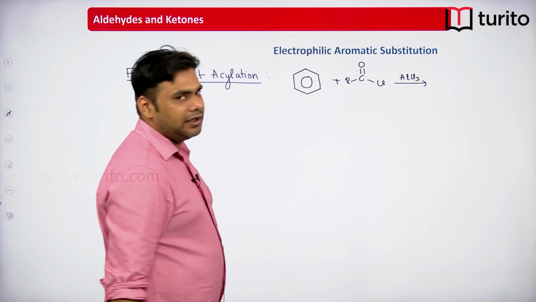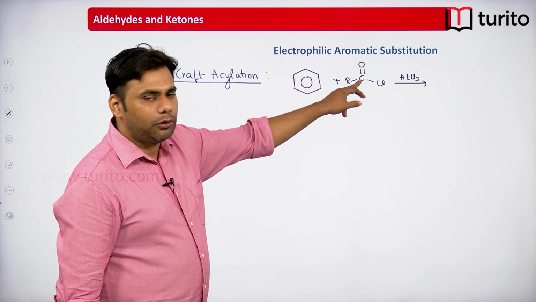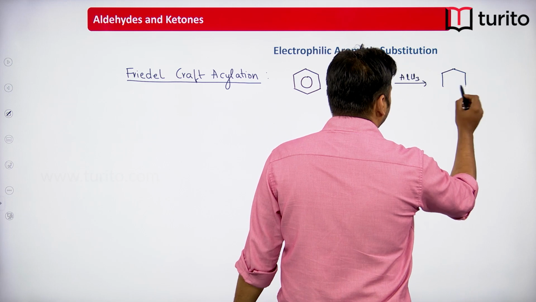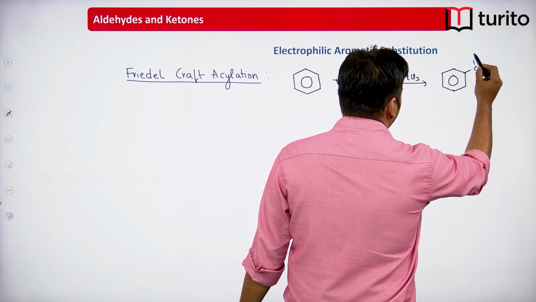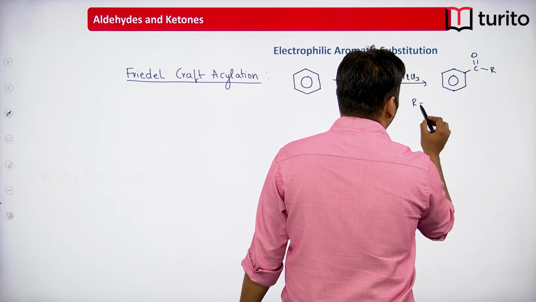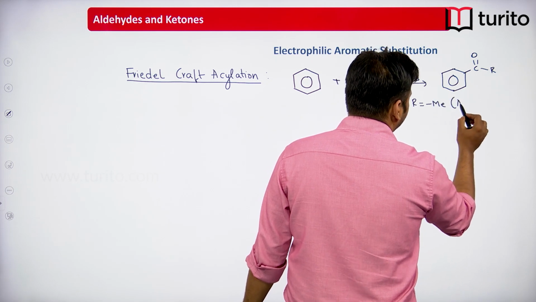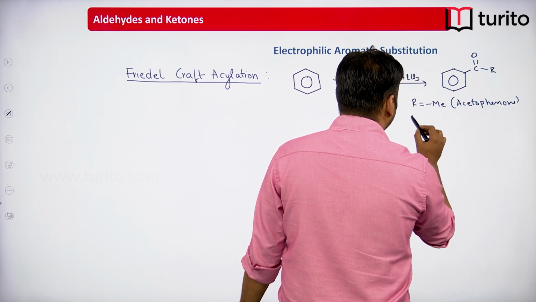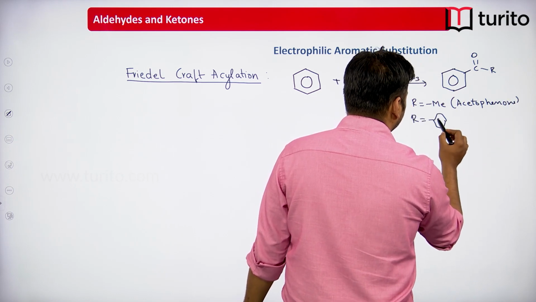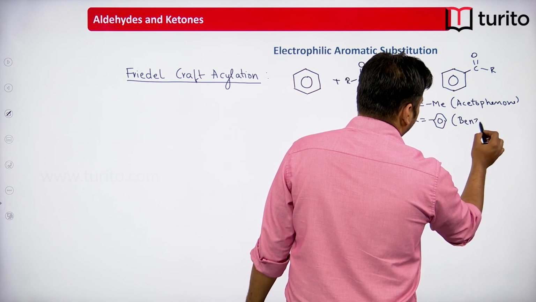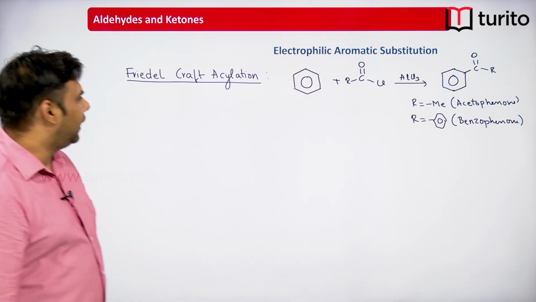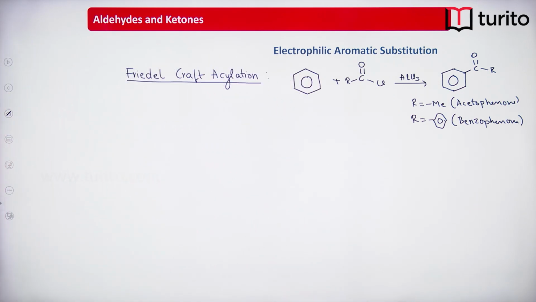It will pull out the Cl and form an acyl carbocation, which will be attacked by the benzene ring, and an electrophilic aromatic substitution reaction happens and forms this particular molecule. If R is methyl, it is known as acetophenone. If R is a phenyl ring, it is known as benzophenone. So we can carry out a Friedel-Crafts acylation reaction to prepare an aromatic ketone.